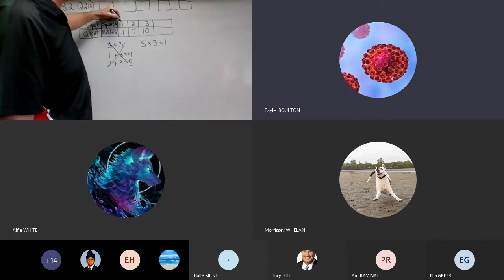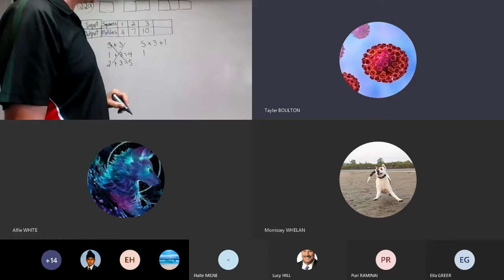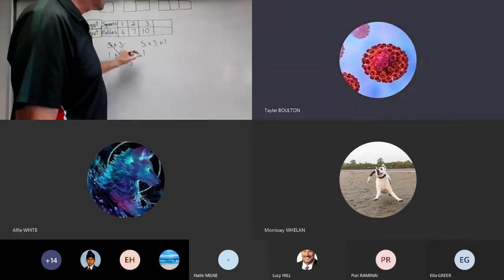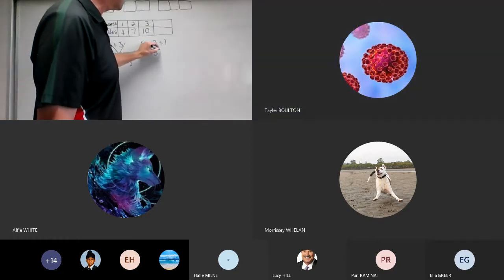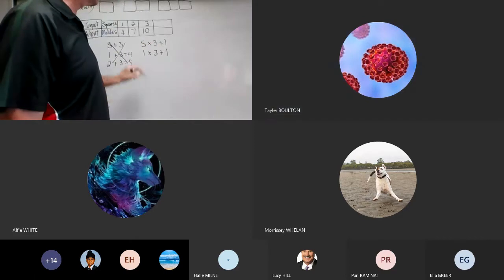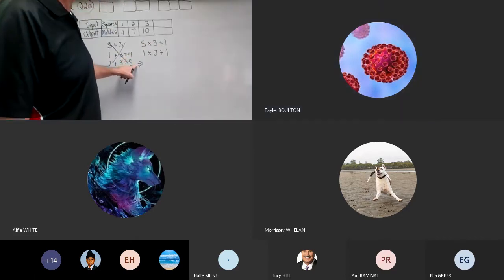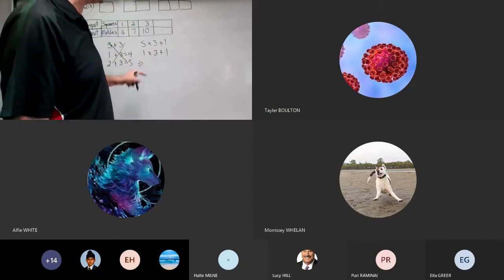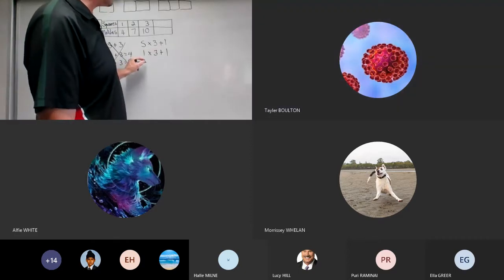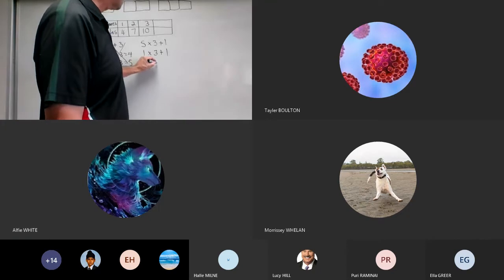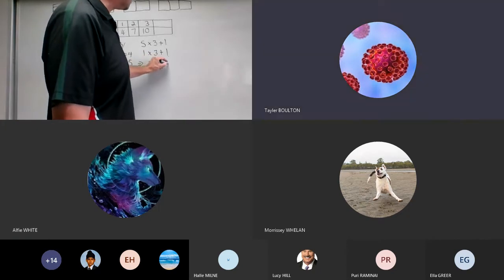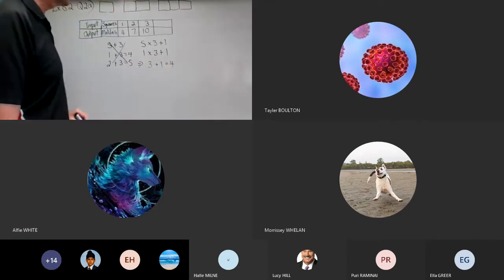So let's try 1, where the S is. So 1 times 3 plus 1. And I use this symbol to tell you that I'm going to another line to solve this. So 1 times 3 is 3 plus 1 equals 4.